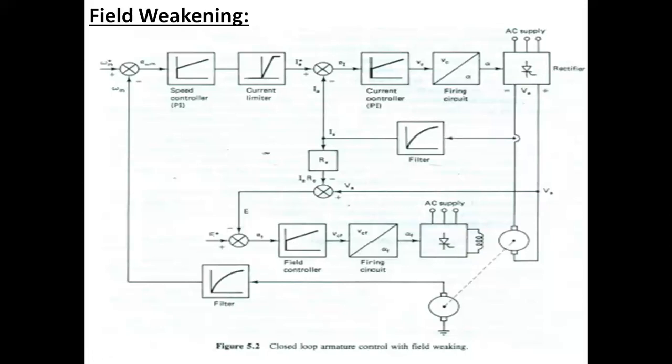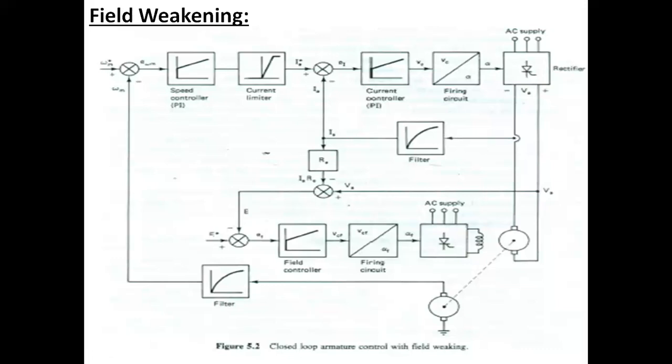It is compared with the reference voltage E here. This E actually will be chosen from 0.85 to 0.95 of the rated value. So for low armature currents, we have to use higher values.